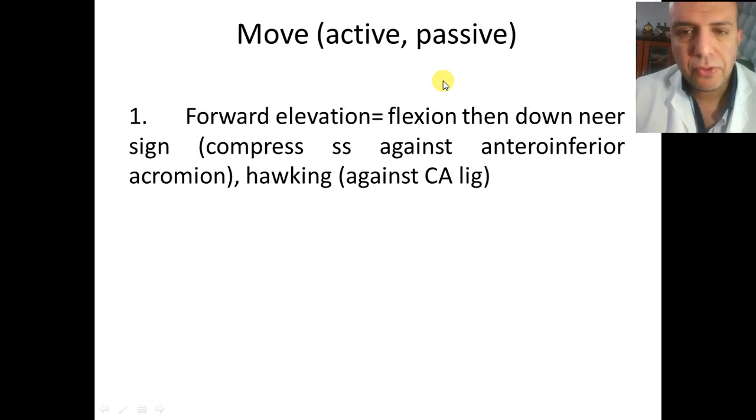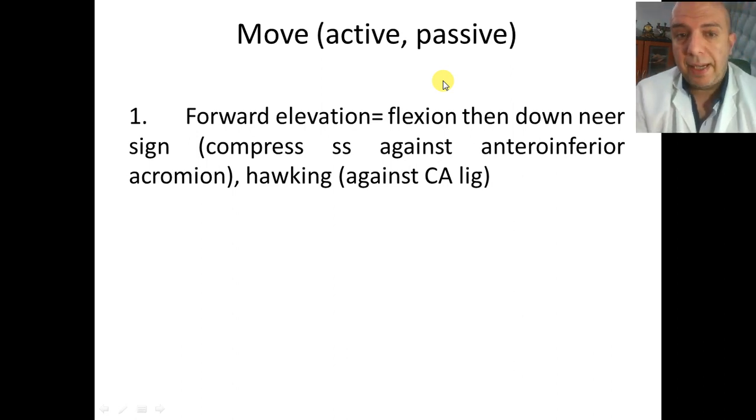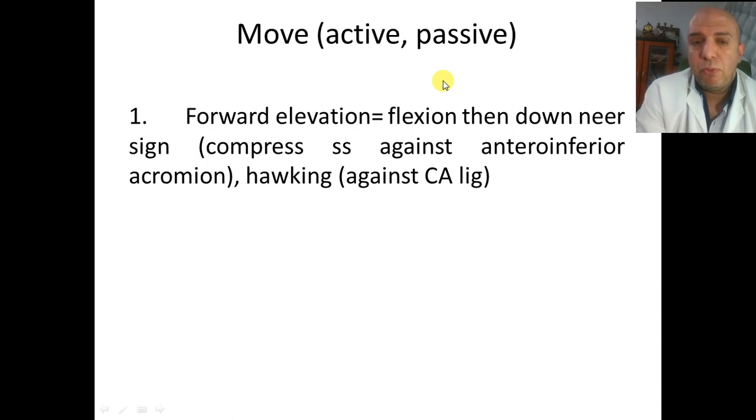Forward elevation, which is flexion. I ask the patient to do a forward elevation of his upper limb. In that movement, I combine two special tests, the Neer test and the Hawkins test.